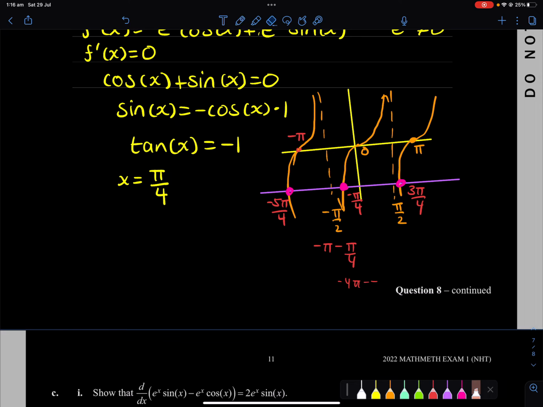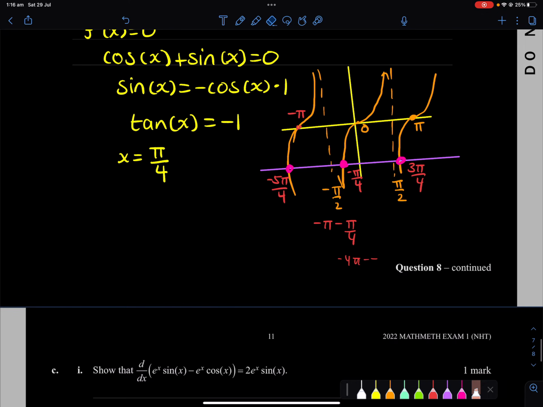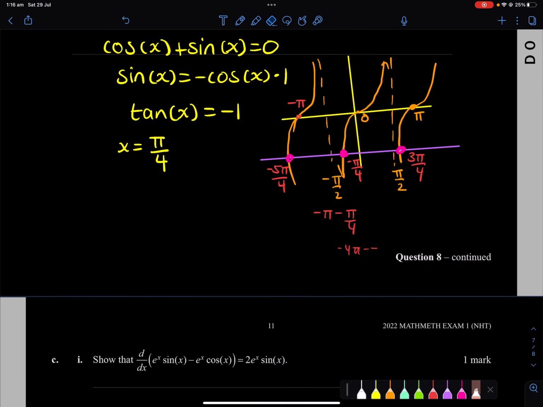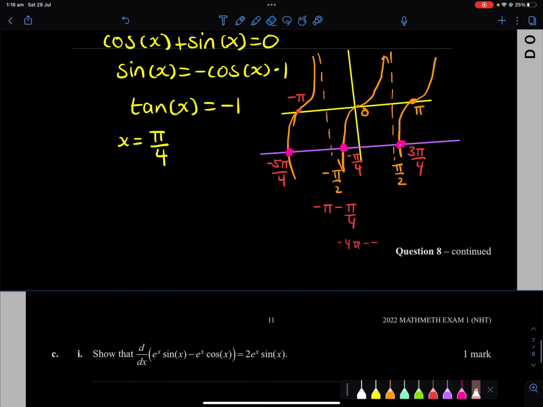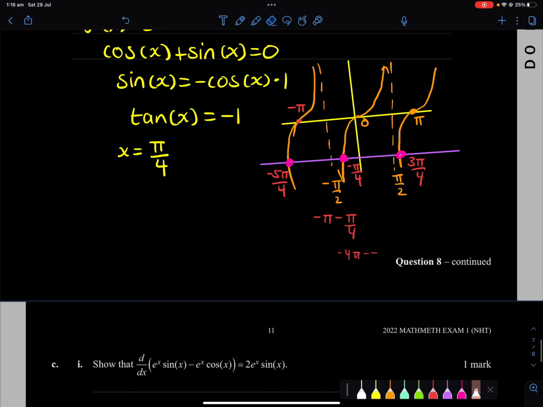Okay, so what's the pattern here? Well, the pattern is every pi, so we're going by pi's, by the way. So pi, 0, -pi, -2 pi.